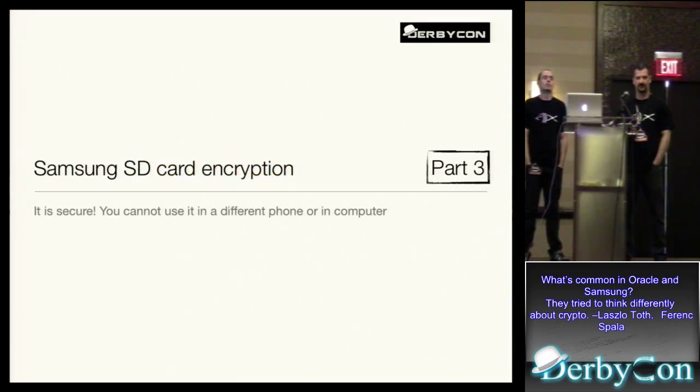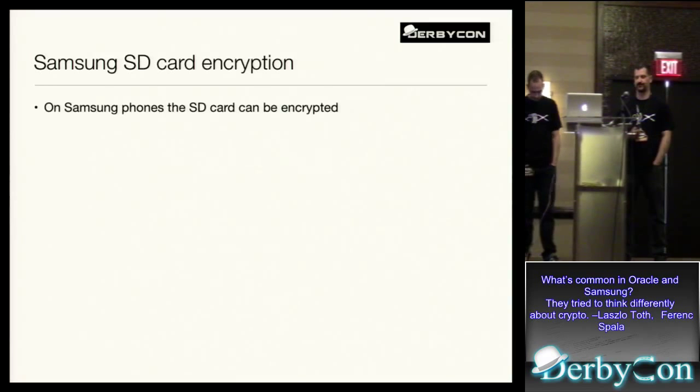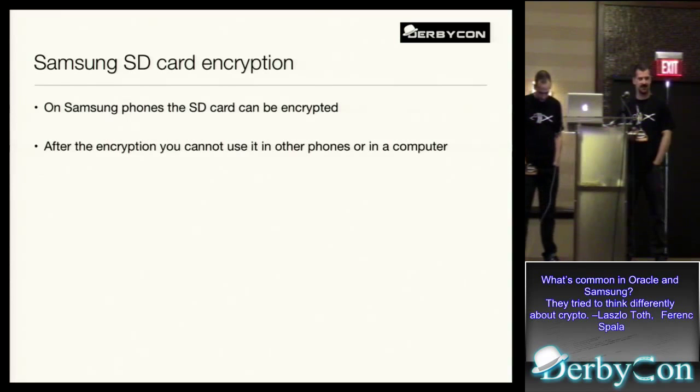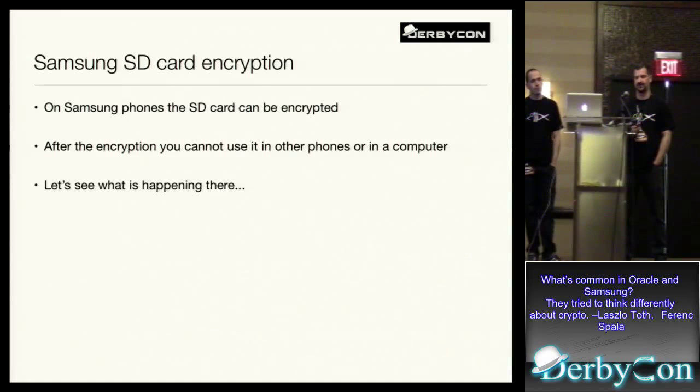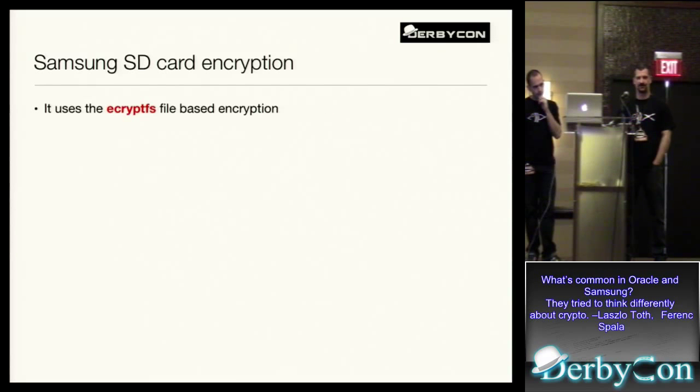And we did not finish here, because Samsung supports SD card encryption. As a downside, the most annoying thing is that you cannot use your encrypted SD card in a different phone or in a PC. So it's worth investigating deeper. It uses the well-known eCryptfs file encryption engine.